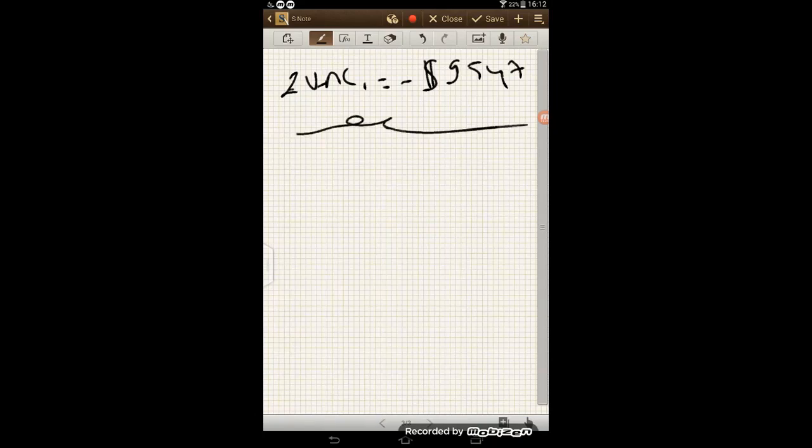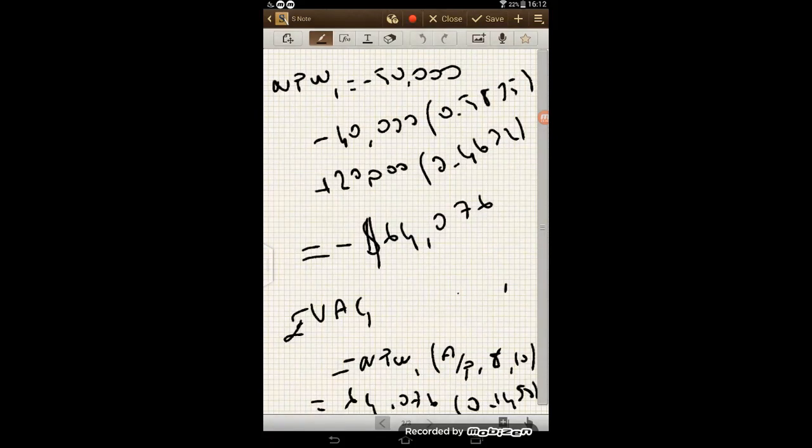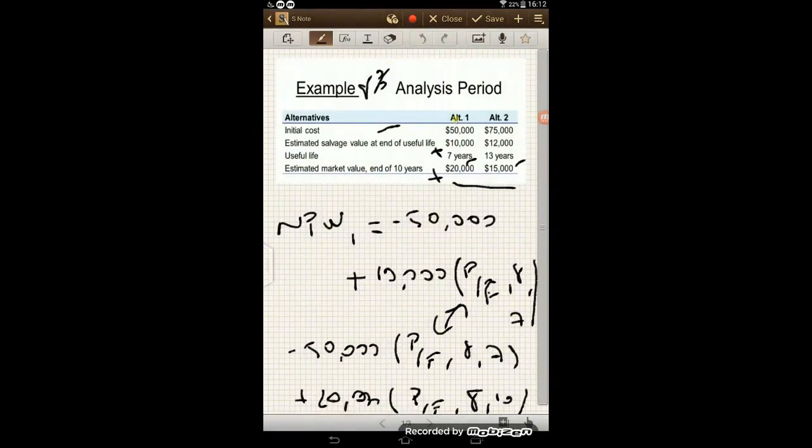Let's make the second analysis, the net present worth of the second one. We just need to buy for 75,000 at the beginning, and we see that there's a useful life of 13 years, so it's not going to pass by. So we are just going to sell it after 10 years for 15,000.